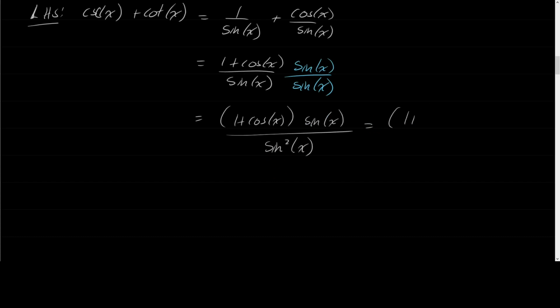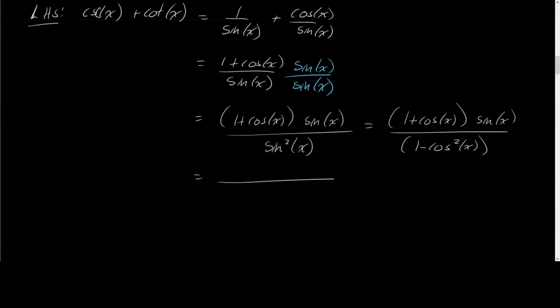So I really have here 1 plus cosine of x times sine x over 1 minus cosine squared. And then the denominator, 1 minus cosine squared, is a difference of squares. So I can in fact factor that, because that would factor to be 1 plus cosine times 1 minus cosine. Right? Because the difference of squares becomes a product of conjugates.